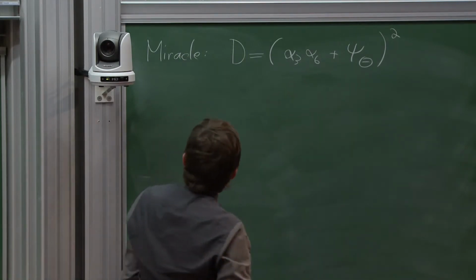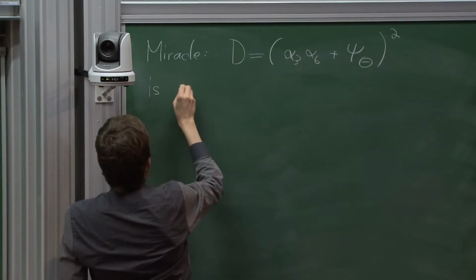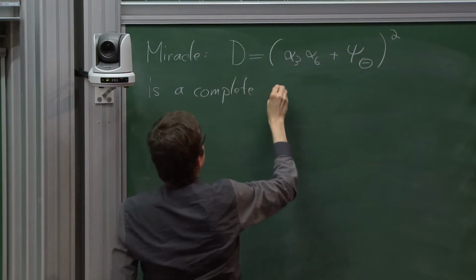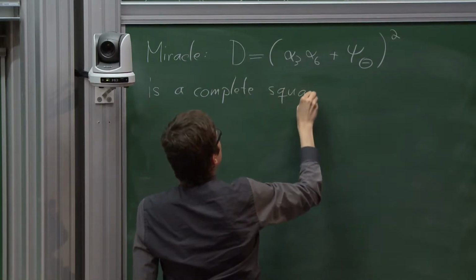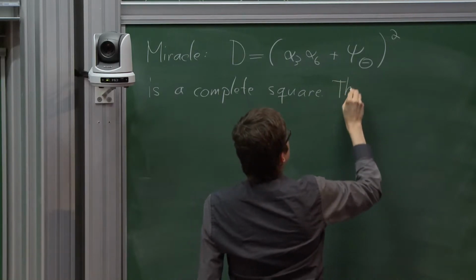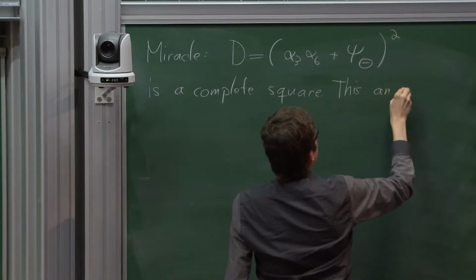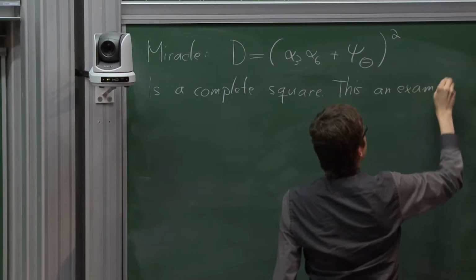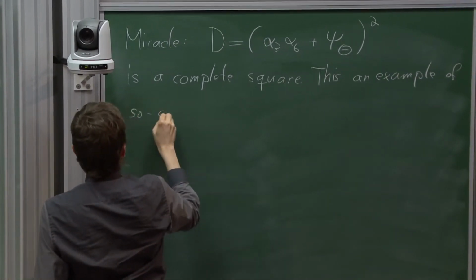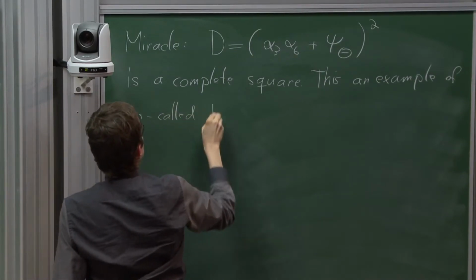So this is a complete square. Of course, there must be some explanation for this. And this is an example of so-called Dodgson identities.